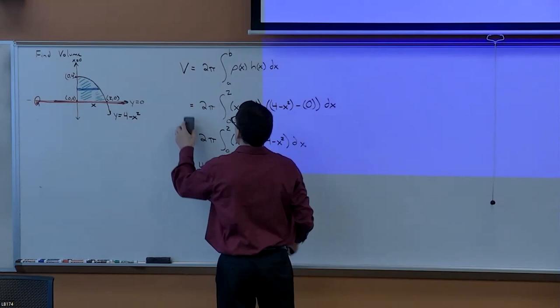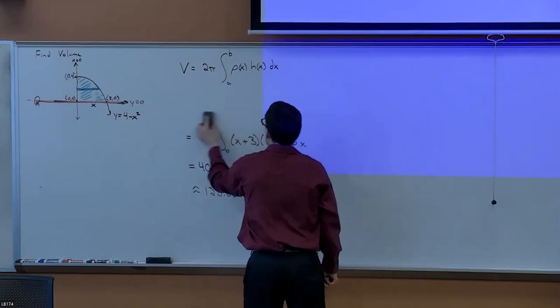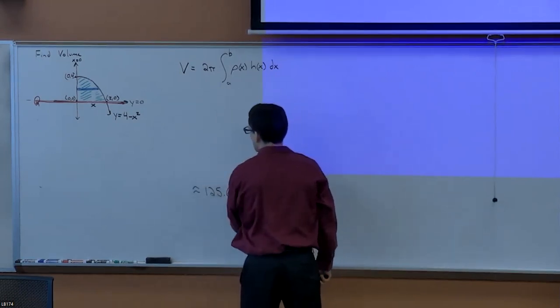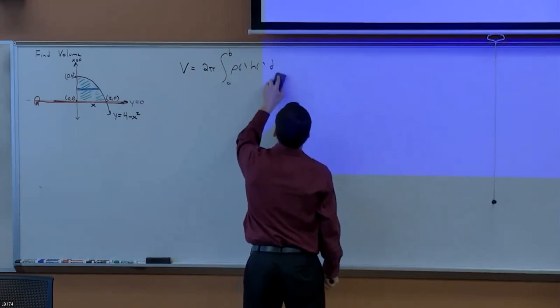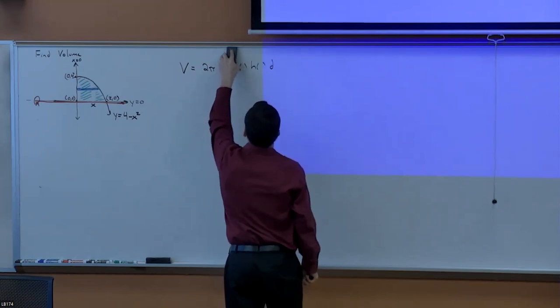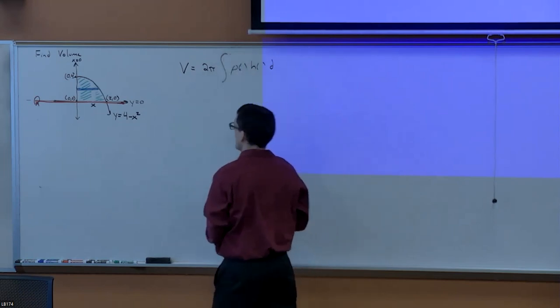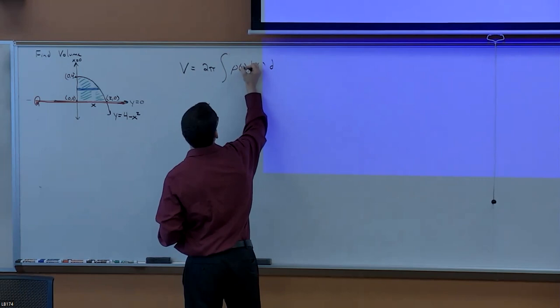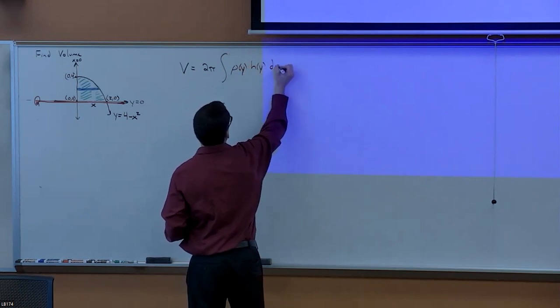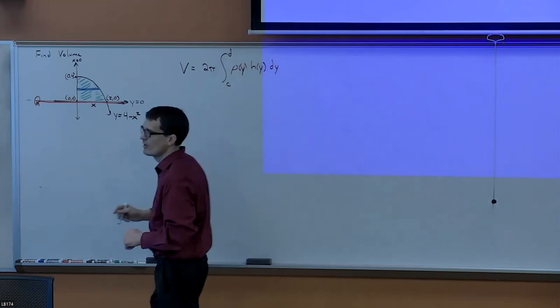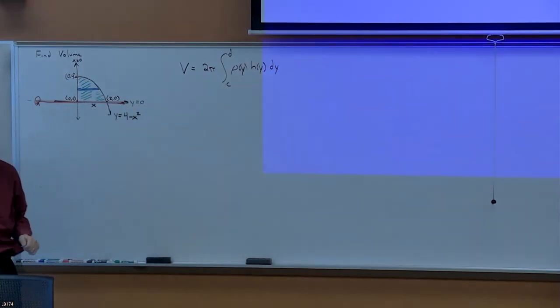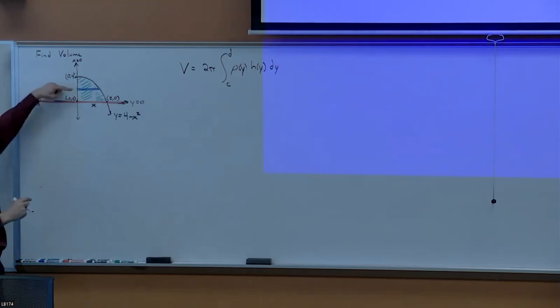Now we're going to use the shell method. So we're going to be integrating with respect to y when I rotate around horizontal lines. And the reason I have to do that is because the typical Riemann sum rectangle on the shell method is going to be parallel to the line I'm rotating around.